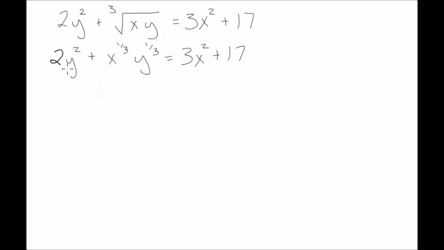Remember that I'm treating y as an implicit function of x, so I take the derivative of the outside function. I get 4y to the first power times the derivative of the inside function dy dx, plus this next term is the product, so I need to use the product rule.